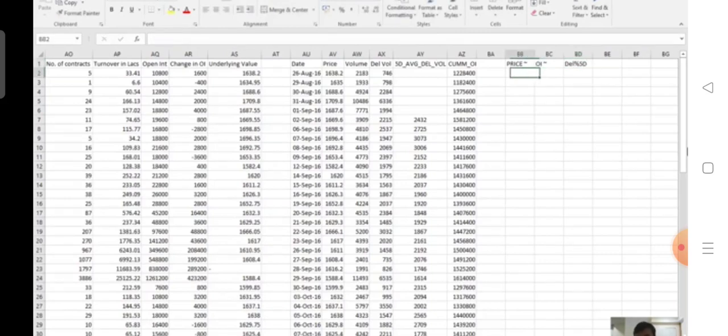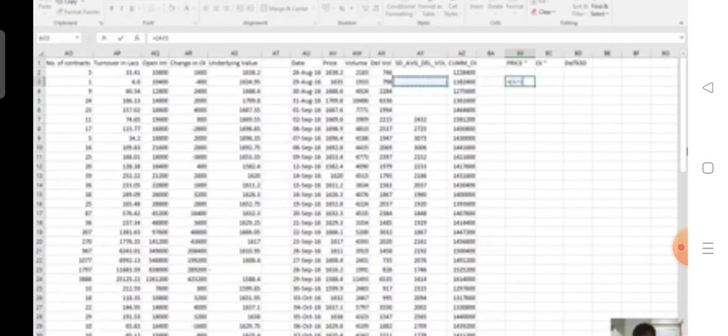So the formula would be this minus previous day price divided by previous day price, correct? Open interest change will be this minus previous day open interest divided by previous day open interest, correct? Delivery percentage will be the delivery volume today divided by average delivery volume.